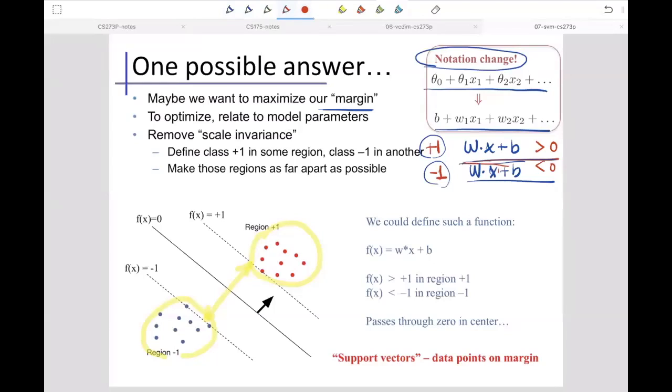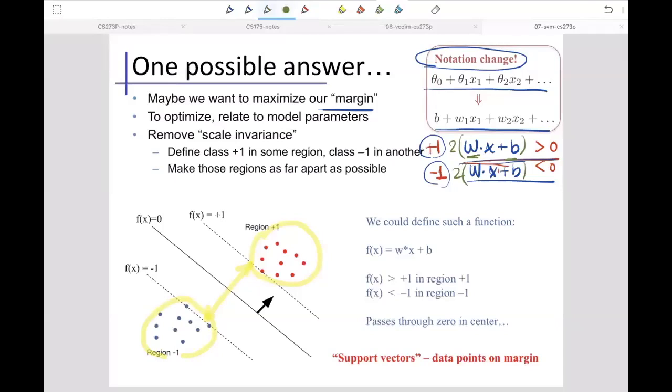If I do 2 times this, 2 times this, you can see that it does not change the decision process. If you double W and B simultaneously, the decision stays the same, because I only look at whether the value is greater than 0 or less than 0. For that reason, there's a redundancy in these parameters W and B, and they are not completely determined.